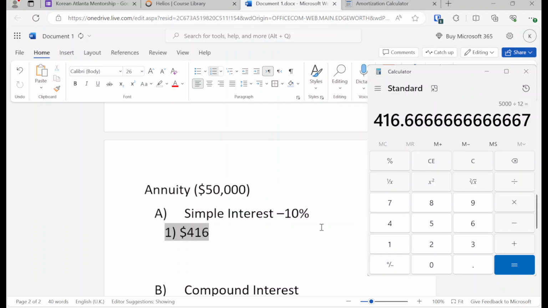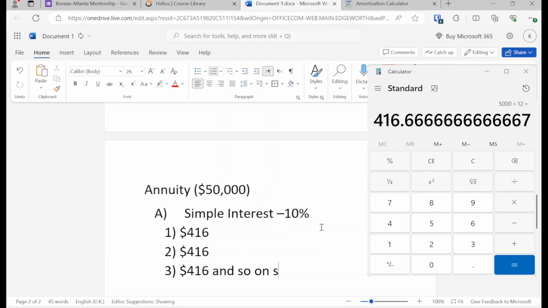And then for the rest of the life of the annuity, you're just going to get $416 every single month, month two, month three, and so on, right? That's what simple interest means. You get credited interest on the initial deposit, or the principal, right? That's all it is.